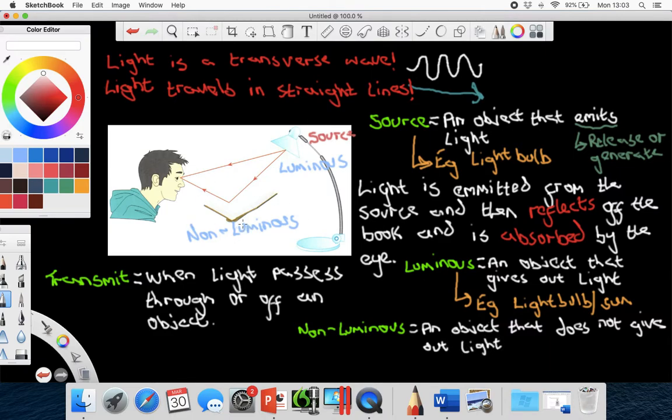On our diagram at the top, this would be the book. The book doesn't give out light, but the light simply reflects off the book.